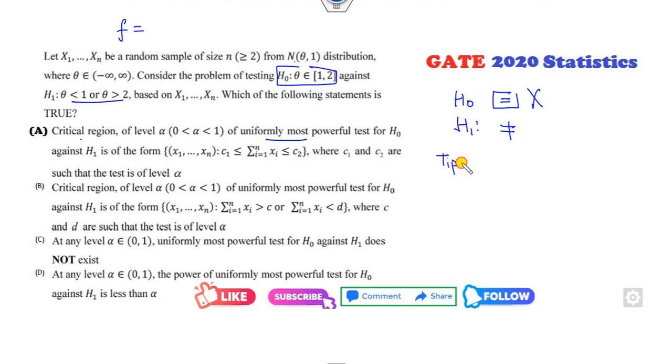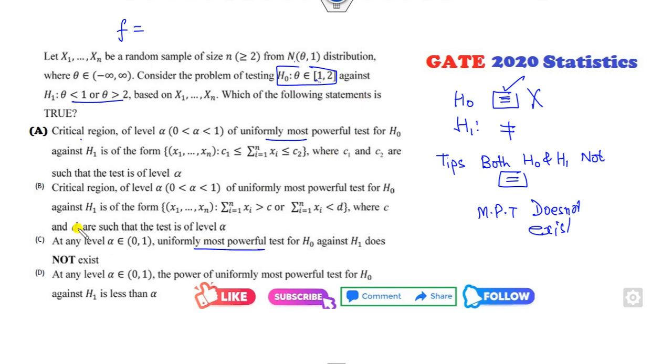So if both H naught and H1 are not in the form of equality, then the most powerful test does not exist. Always remember, at least H naught must be written with the equality, but here H naught is not, so the UMP does not exist. That's the right answer.